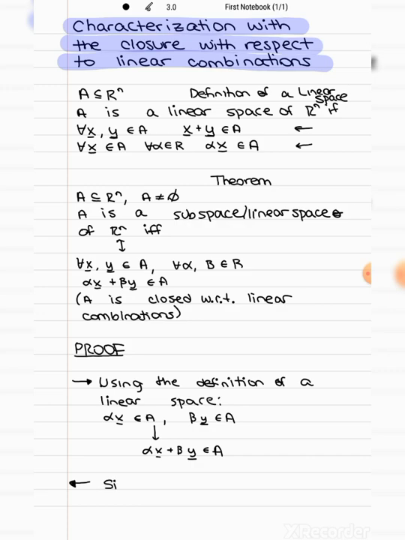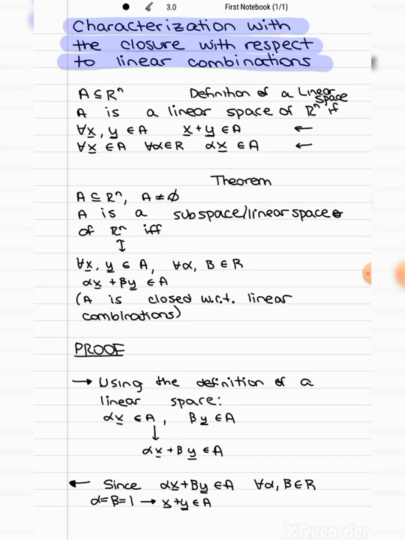So since we know that alpha x plus beta y belongs to A, first, we want to prove that x plus y must belong to A. So that's simple because we can say that this is true for every alpha and beta. So if we simply make alpha and beta both 1, then x plus y would belong to A, which is confirming that the first property is satisfied above.